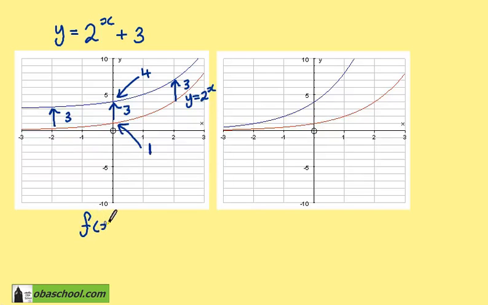We know that transformations of the type f of x plus a are vertical translations of a units. Turning our attention to this graph, we can see here that we have a horizontal shift of 2 units.